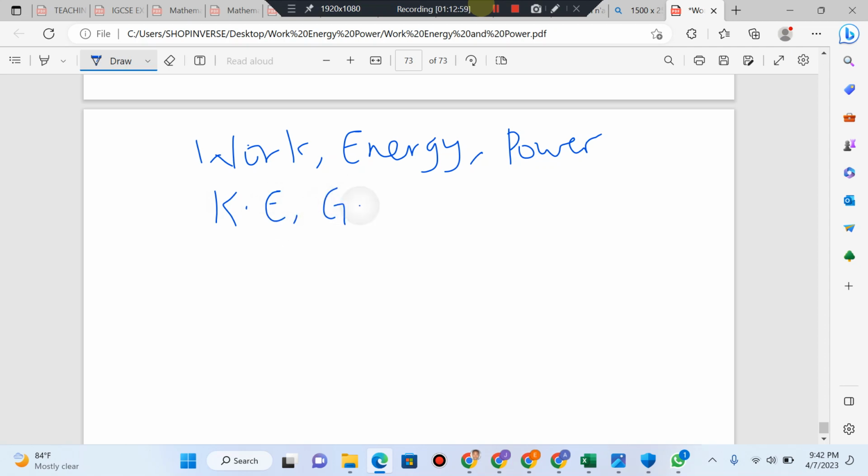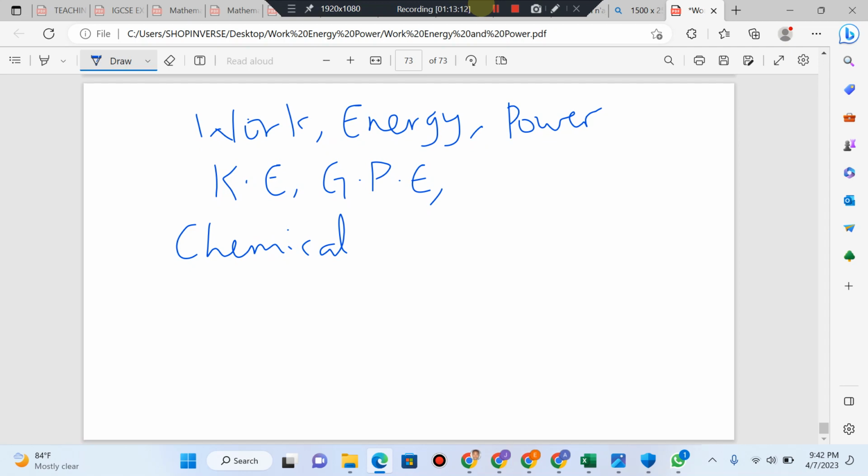Do not forget that when we're talking about energy, we talked about kinetic energy. We also talk about gravitational potential energy. I just mentioned chemical potential energy, though we couldn't solve questions on this. Usually physics will try to avoid questions involving chemical potential energy. As for other forms of energy like heat energy and elastic potential energy, all of this you'll be solving when you are taking questions on heat capacity or specific heat capacity.